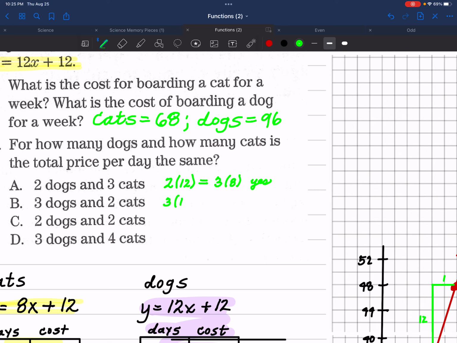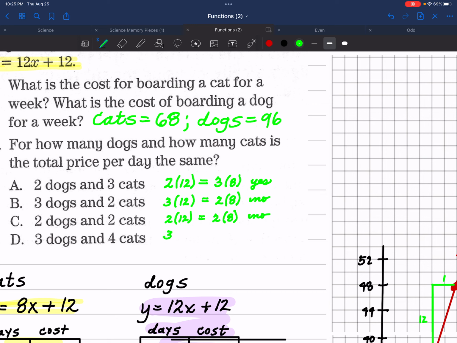3 dogs and 2 cats. So we have 3 times 12, that's 36, and 16 on the other side. Those do not equal. 2 dogs. We know this can't be right because the prices are different. So if you have 2 of each animal, there's no way that's going to work out to be equal.